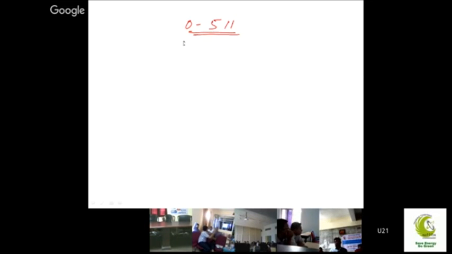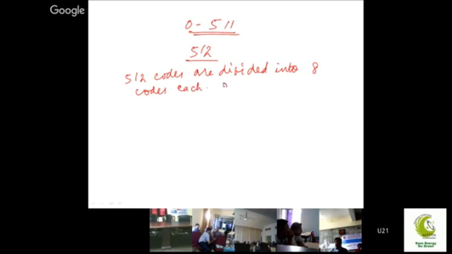In total there are 512 codes. These 512 codes are divided into 8 codes each, giving us 64 groups.